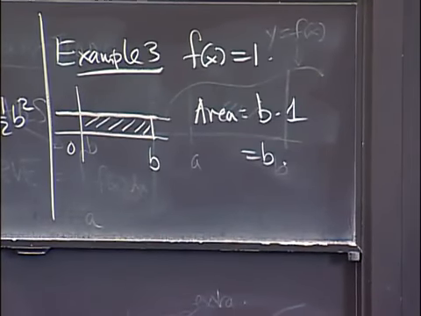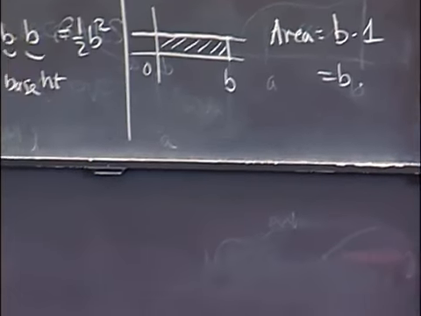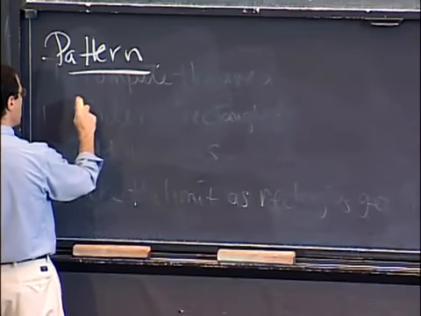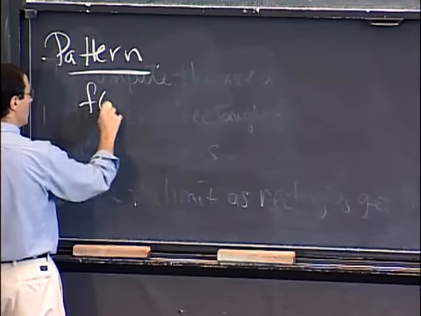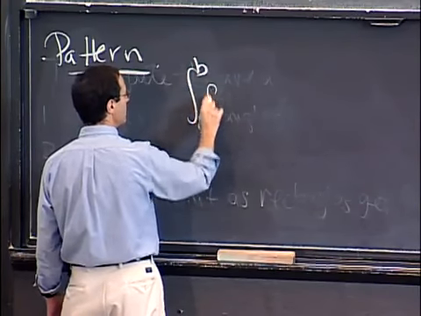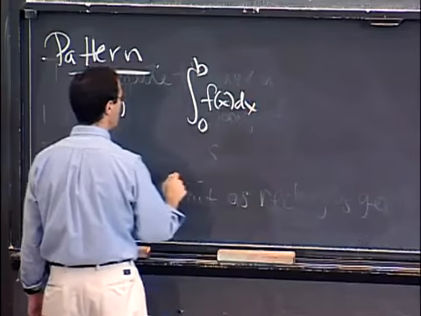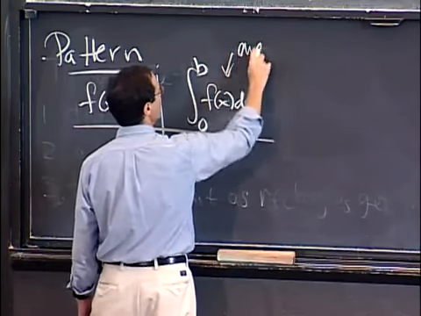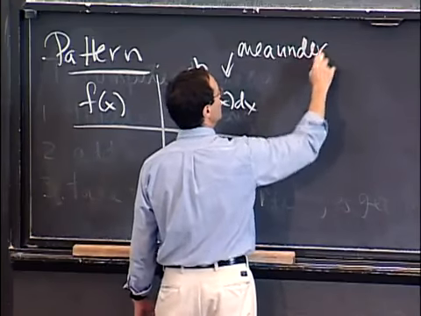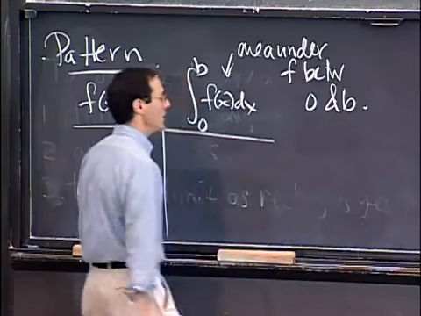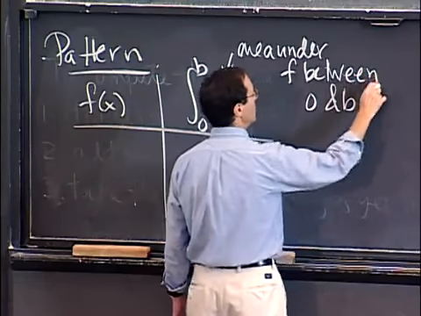Let's look now at the pattern. We're going to look at the pattern of the function, and the area under the curve, which has this elaborate formula, between 0 and b.